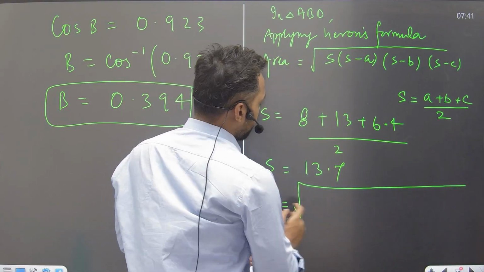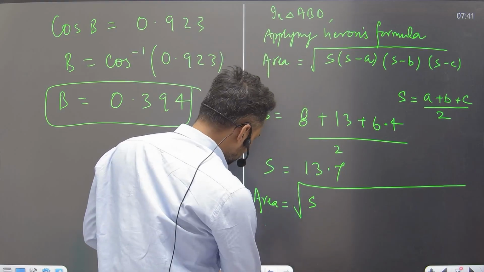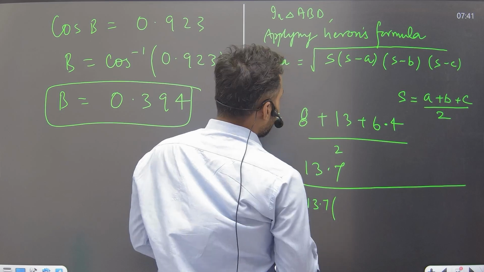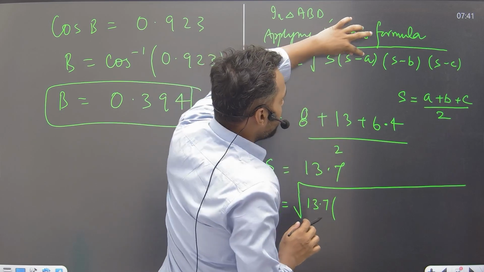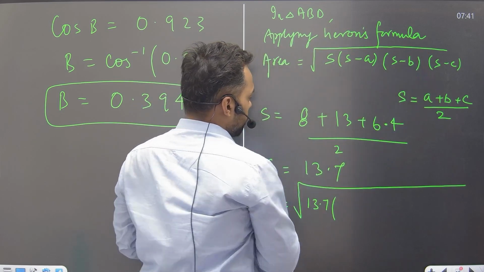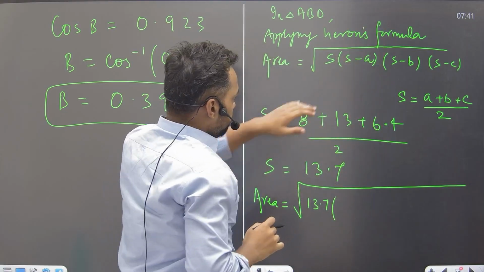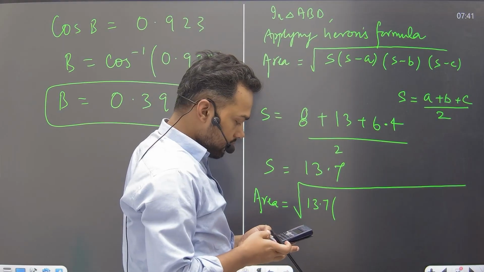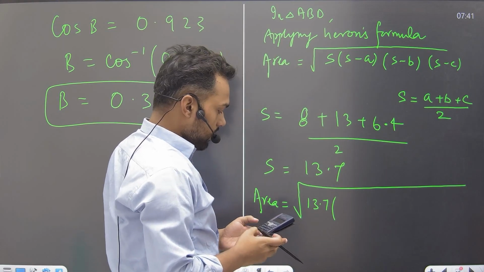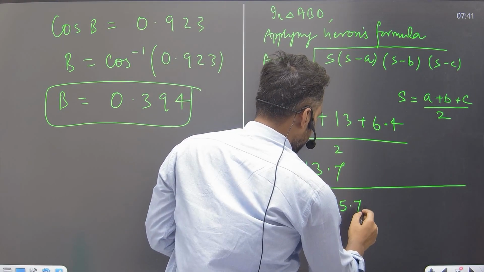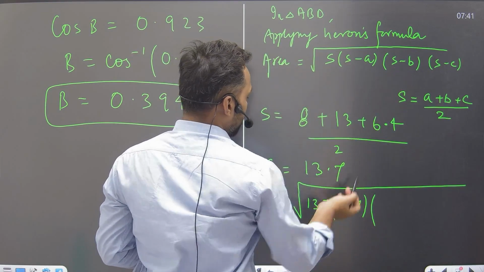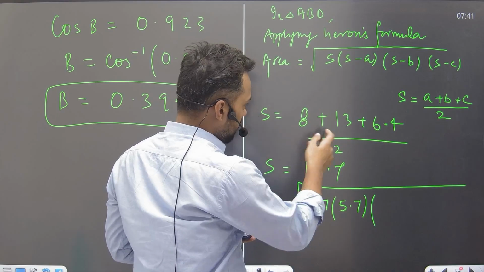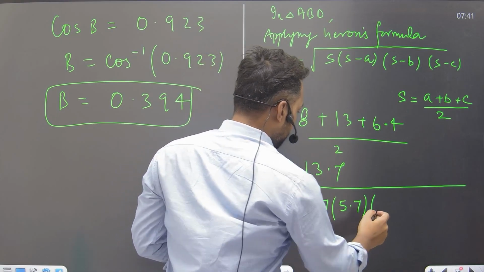Area will be square root of s. So s here is, students, just need to plug in the values, 13.7 cross 13.7 negative of a, where a, b, c are the side measurements. So 13.7 negative of 8, you will get 5.7. Similarly, s minus b will be 13.7 negative of 13, you will get 0.7.